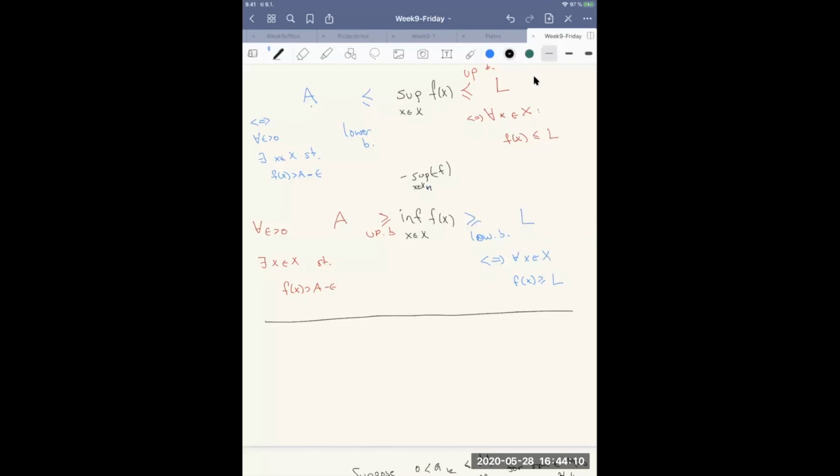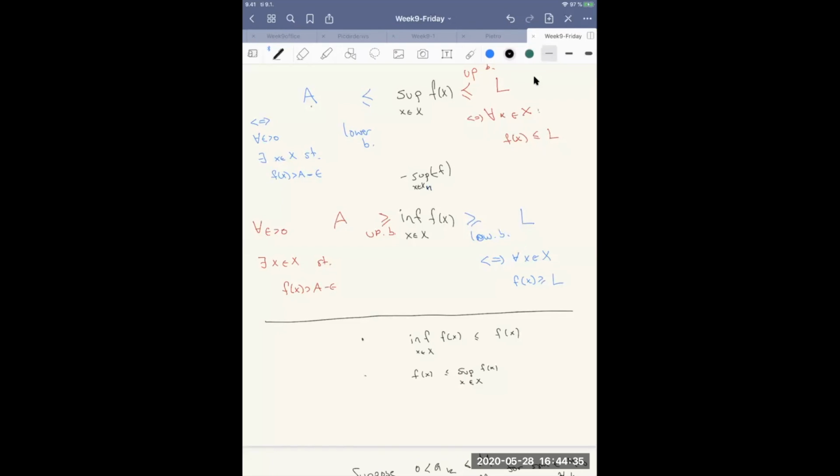So let's see, what did we use? We used some additional facts. So inf of a function is always naturally less than or equal to any particular function value. And similarly, sup would be bigger than or equal to, naturally bigger than or equal to a function value.